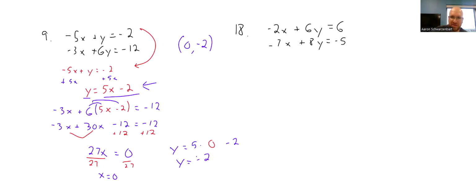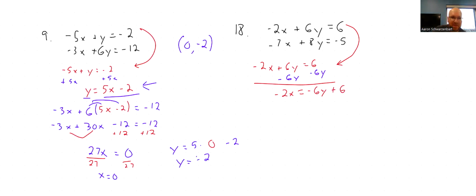So when I divide by negative 2, this should work. So I'm going to start by moving the 6y to the other side. Most of them we've solved for y. It doesn't matter. We solve for whatever's easiest. So this gives me negative 2x still on the left and negative 6y plus 6. The 6 was positive, so it's a plus 6.